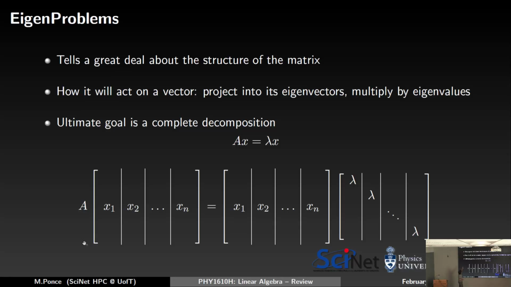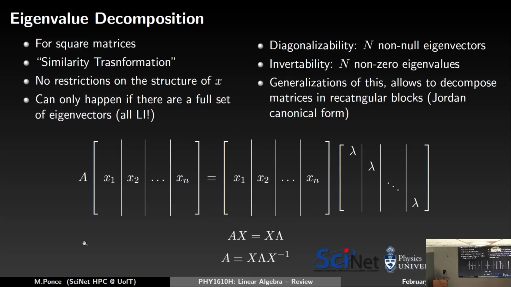The ultimate goal is to have a complete decomposition of the matrix, because I can take the eigenvectors and reconstruct the matrix using them. The bottom line is that it's something cool, but also important to know about the matrix or the linear transformation, depending on how you look at it.